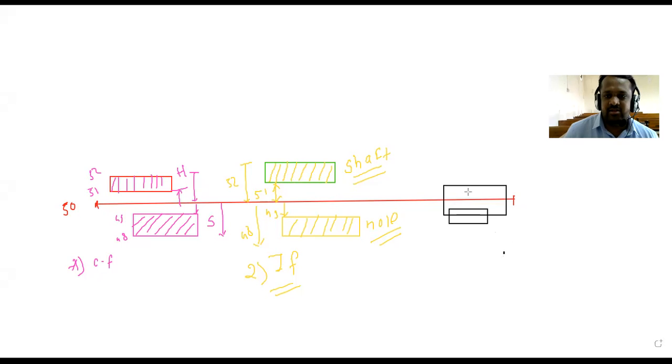Again we can show it here also, no problem, because both the tolerance zones, of the hole and of the shaft, should overlap. See, like this, both should overlap.